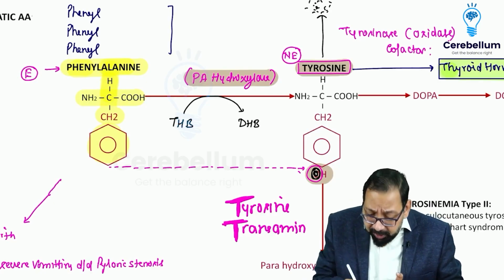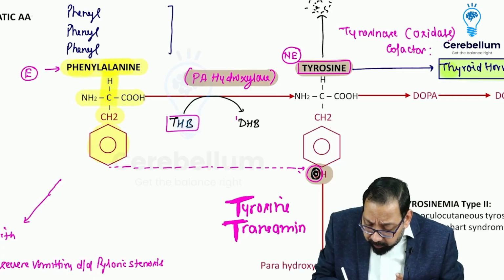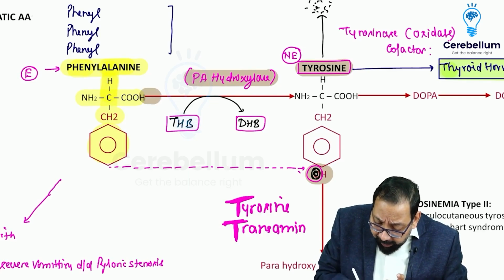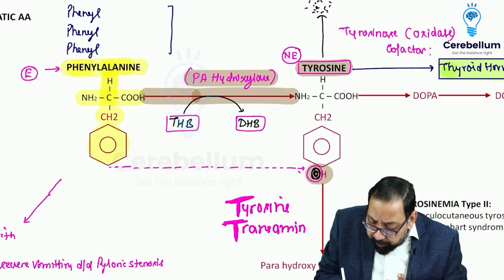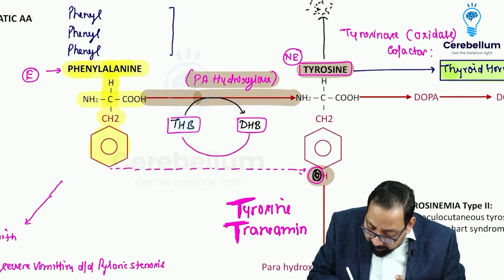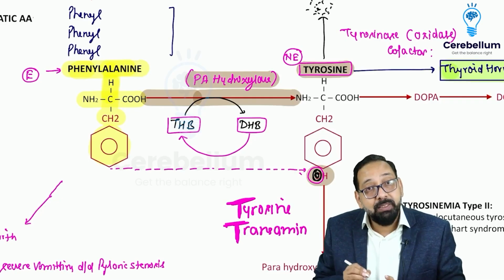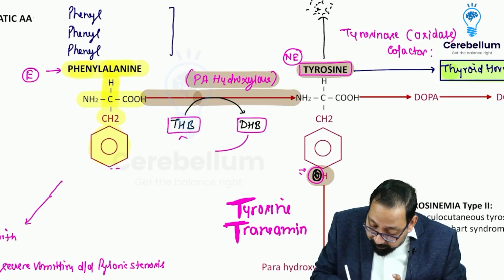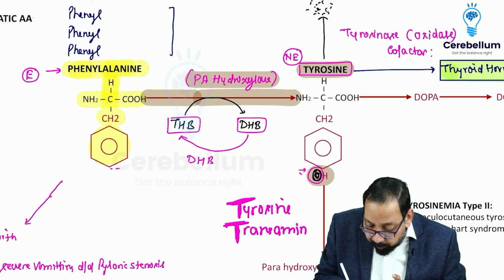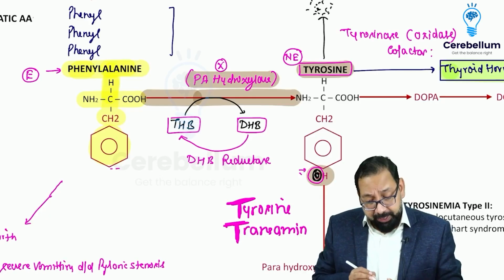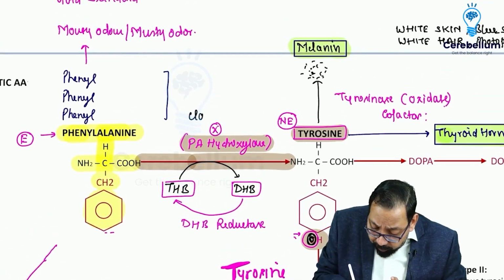In this reaction, tetrahydrobiopterin is converted to dihydrobiopterin. This dihydrobiopterin must be converted back to tetrahydrobiopterin, and the name of the enzyme for this reaction is dihydrobiopterin reductase. If phenylalanine hydroxylase is deficient, this is called classical phenylketonuria.